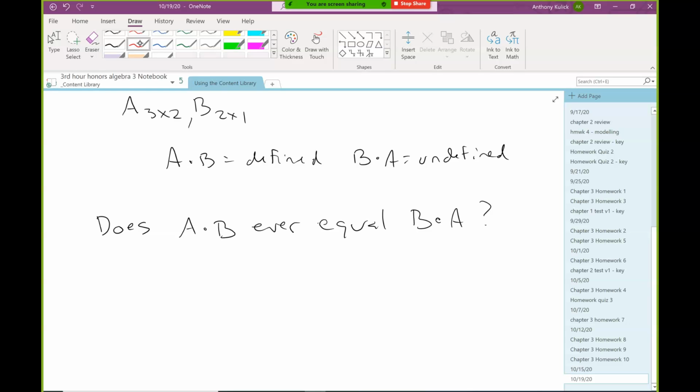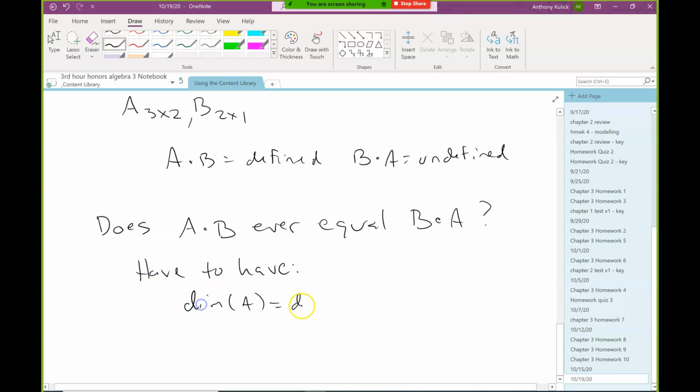So what we're going to say is the dimension of A and the dimension of B both have to be, we'll call it, n by n. We call that kind of a matrix a square matrix, just like a rectangle that's 2 by 2 you would call a square, right? Because the side lengths are the same.